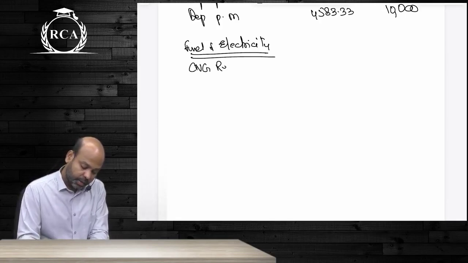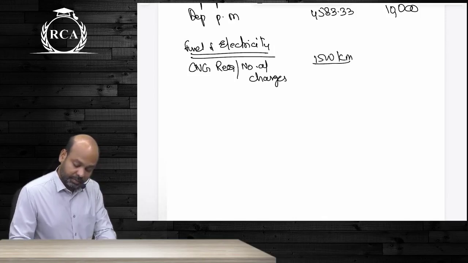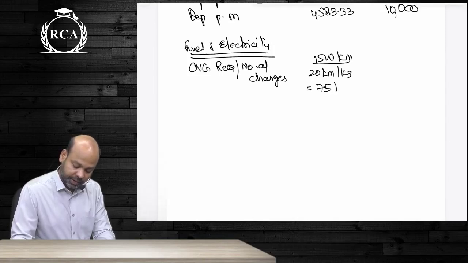CNG required and number of charges. In the first case, beta, how much CNG will it be? We have to drive it for 1,500 kilometers, guys, and the mileage is 20 kilometers per kg. So you will need 75 kgs of CNG.